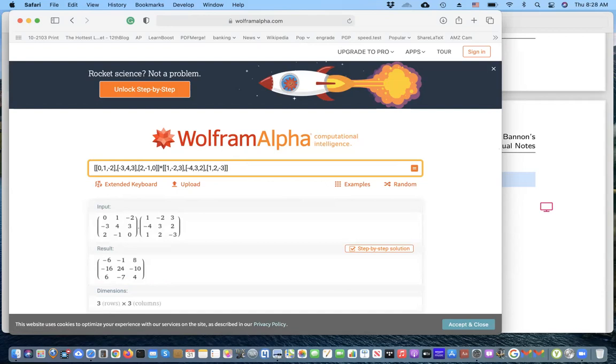And that's going to be minus 6, minus 1, 8, and then minus 16, 24, and minus 10, and 6, minus 7, and 4. I'm going to switch back now to my other screen, which is the whiteboard.